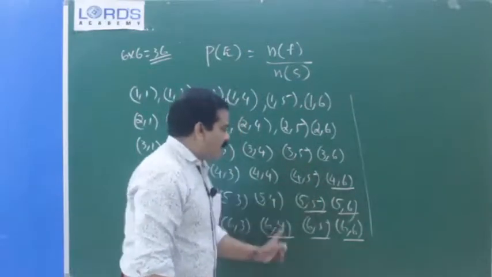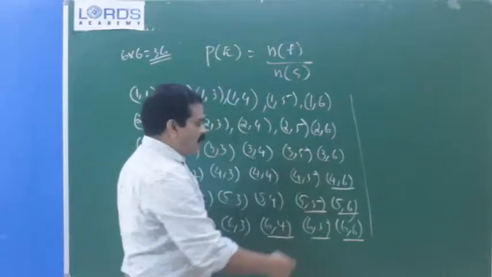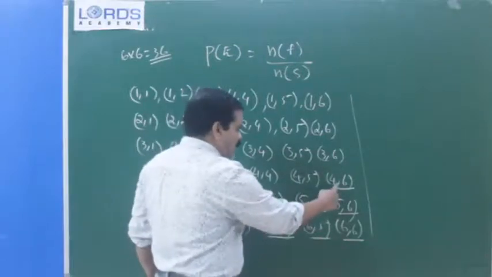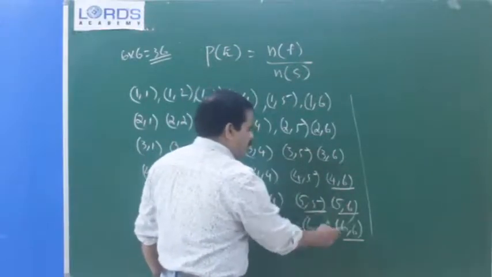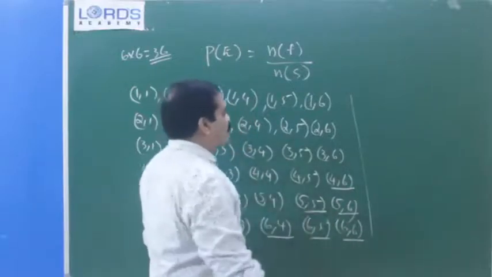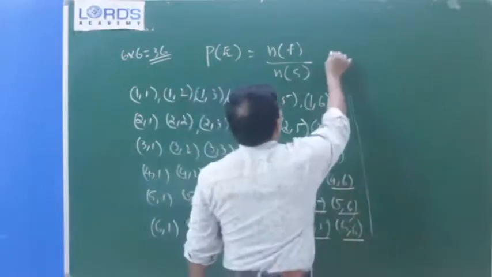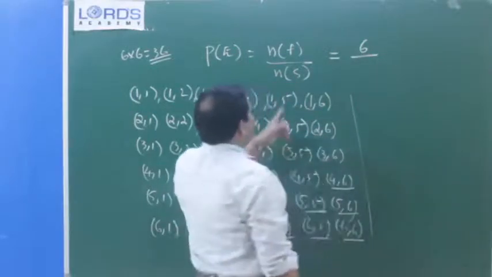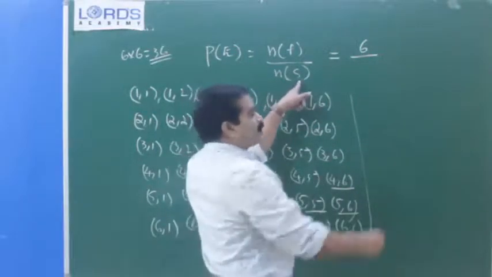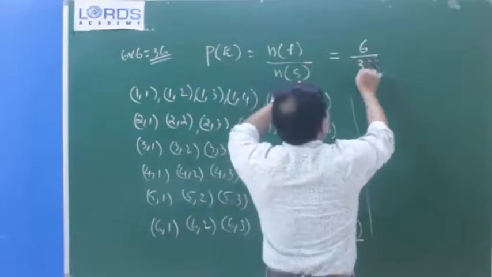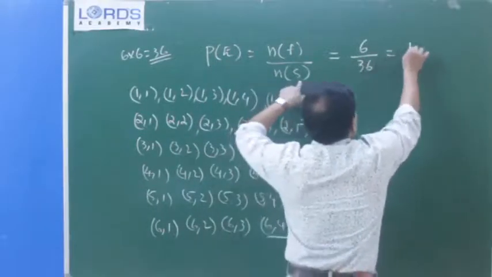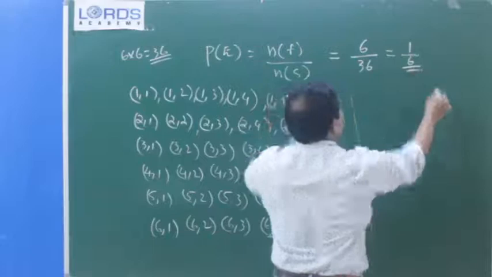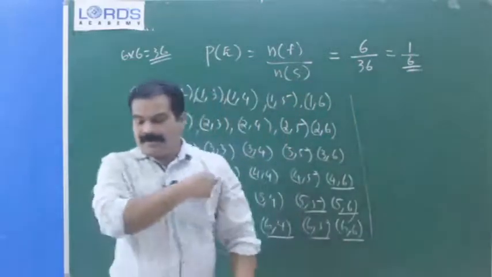The number of favorable outcomes will be 1, 2, 3, 4, 5, 6. So the number of favorable cases is 6 by the number of possible outcomes, 36. Therefore this is equal to 1 by 6. You will get the answer 1 by 6.